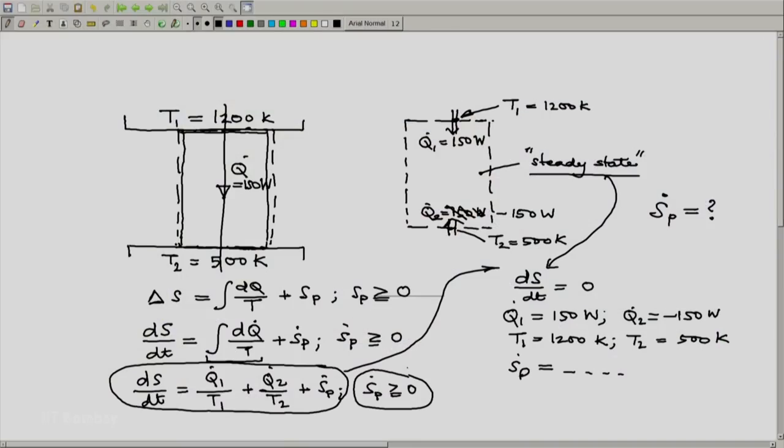And what is the cause of irreversibility? The cause of irreversibility is we have a temperature difference, a big finite temperature difference between T1 and T2, and heat is being transferred across that finite temperature difference.